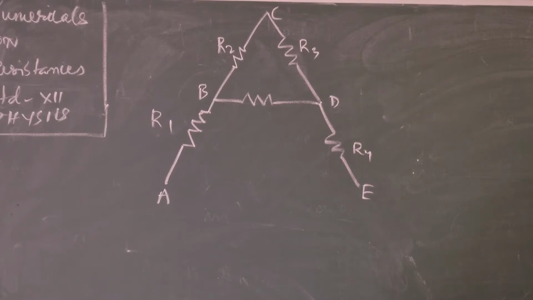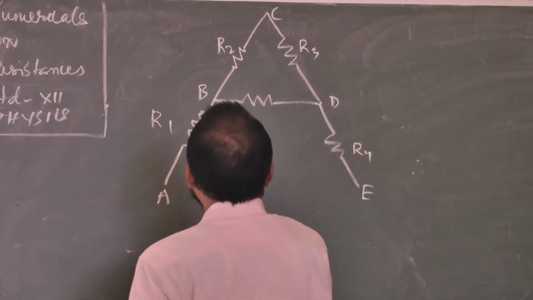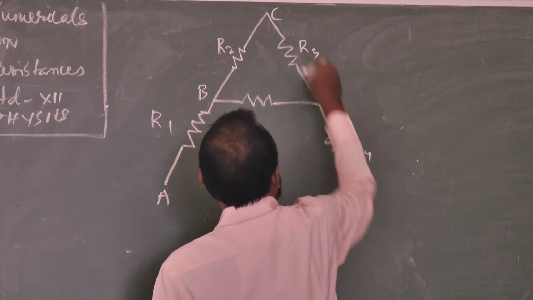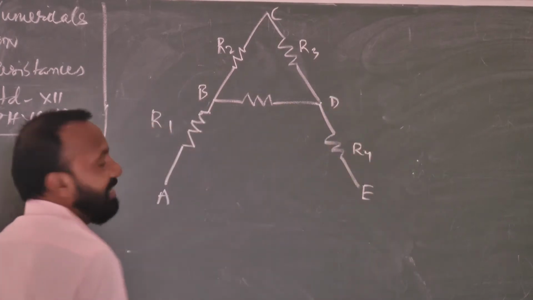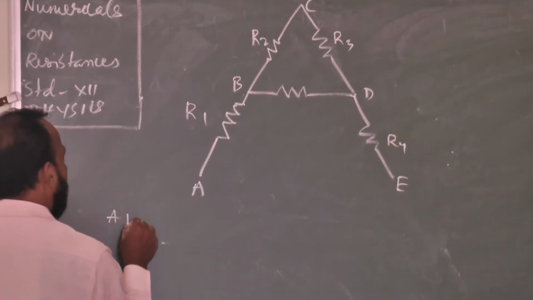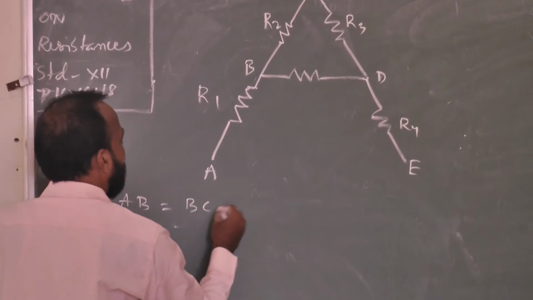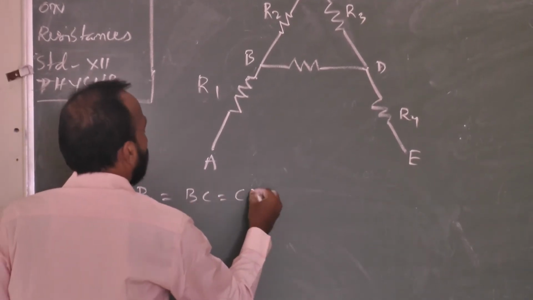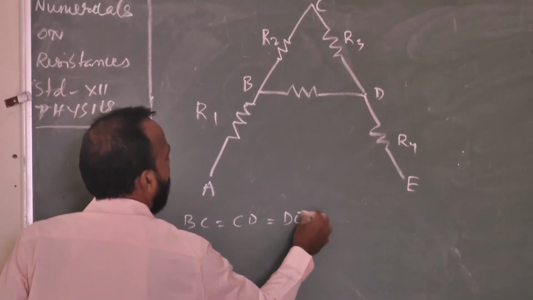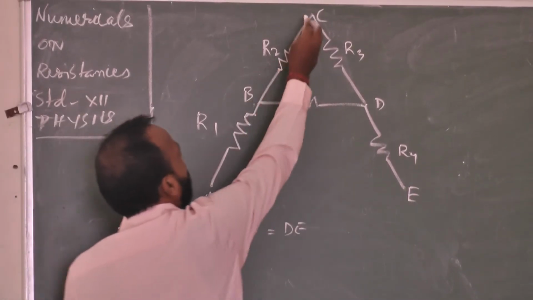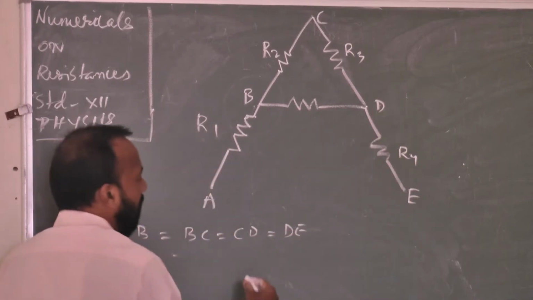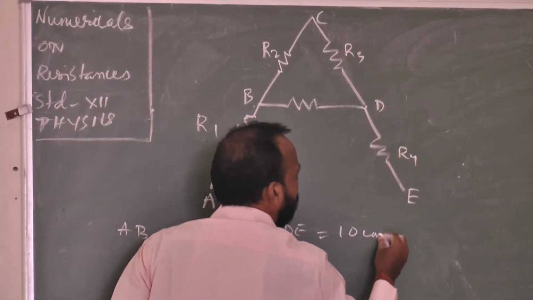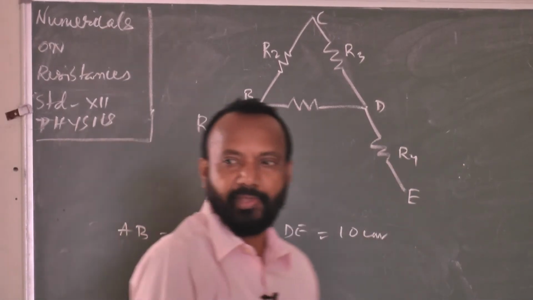So here AB, BC, CD, DE are all 10 centimeter. AB is equal to BC is equal to CD is equal to DE. A to B, B to C, C to D, D to E are all 10 centimeter. Okay, note it.